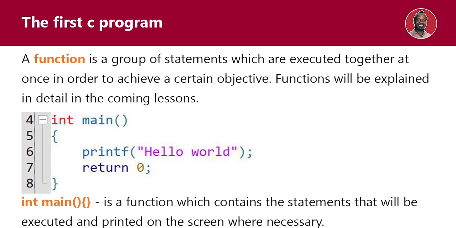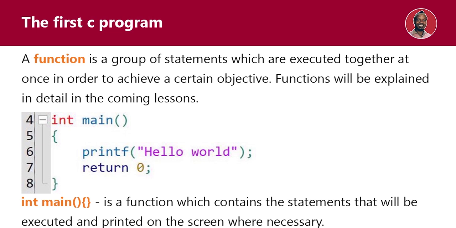Below is a snippet of code showing us how the main function is written. On line 4, we start by specifying the data type, which is int, and then we define the function name, which is main, followed by parentheses. On the next line, line 5, we open the curly bracket, and on line 8, we close off that curly bracket.